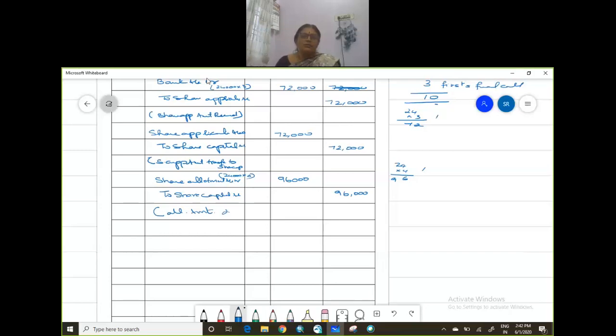Allotment amount due. So for the allotment, you are calling for the allotment money and they are depositing the money in the bank. Bank account debit to share allotment account. How much is that? 96,000.